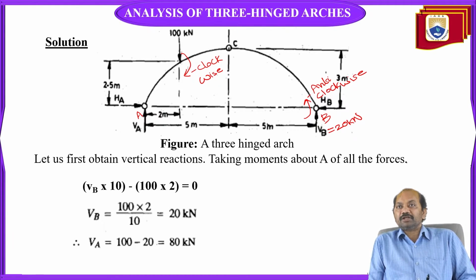Now we have to calculate VA. If you observe the figure, the total vertical force on this arch is 100 kilonewtons. So if we apply the equilibrium equation along the vertical direction, we can write VA plus VB is equal to 100.